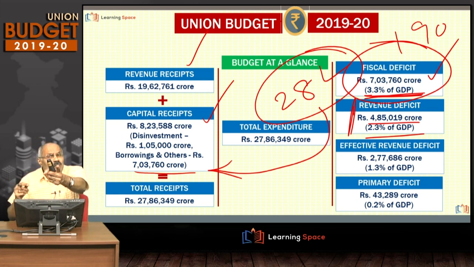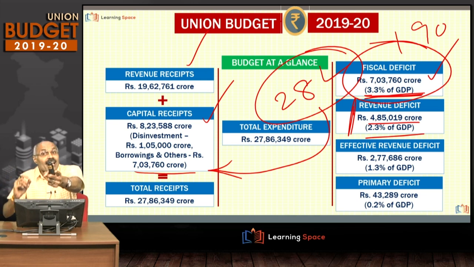If you are borrowing money to purchase a house, to purchase a land, that is acceptable. But if you are borrowing money for day-to-day expenditure, that means for paying the house tax, for paying the grocery shop bills, for paying the telephone bills, all these things are not acceptable.